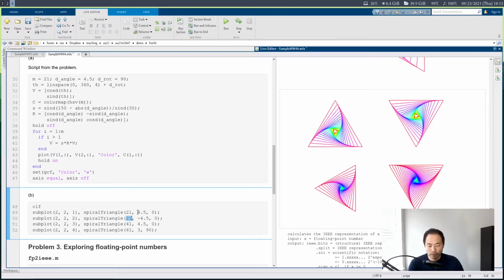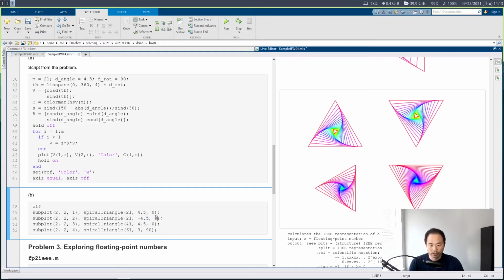For the first one, you are rotating each triangle by positive 4.5 degrees. So this is a counterclockwise rotation. As you can see, these lines are going counterclockwise. Whereas in the second one, you are rotating by negative 4.5, so negative 4.5 is a clockwise rotation. So you are seeing a clockwise spiral.